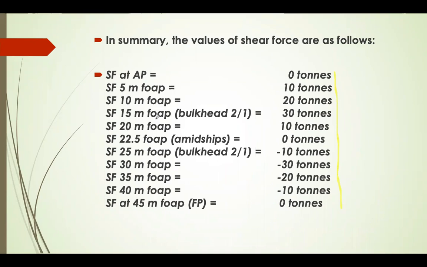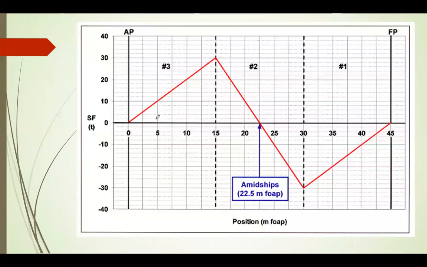What is your shearing forces? Now if you plot this on a graph, this is how your graph will look like. So basically you have your shearing forces here on the positive and the negative side, and this is the length of the vessel, and we have divided it at 5 meter intervals. So basically it is starting off with 0. At 5 meters, what was the shearing force?